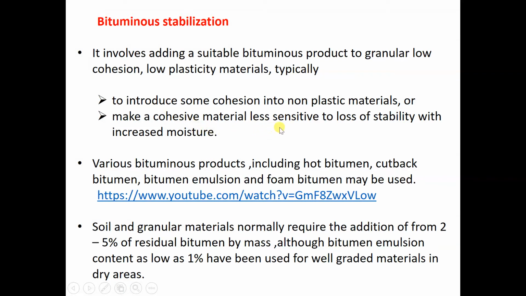Actually, bituminous stabilization could be similar to cementitious material, but I can think of one situation where we may need to use bituminous stabilization: if the place is quite dry, you don't have much water and can't get it readily.